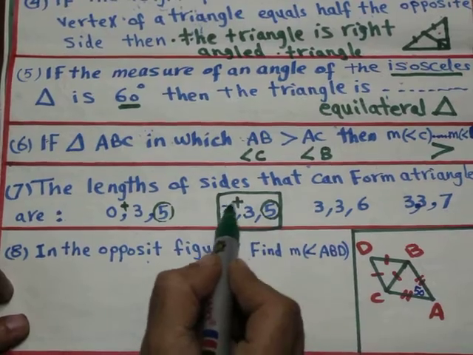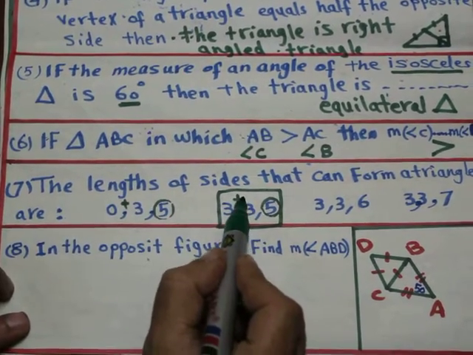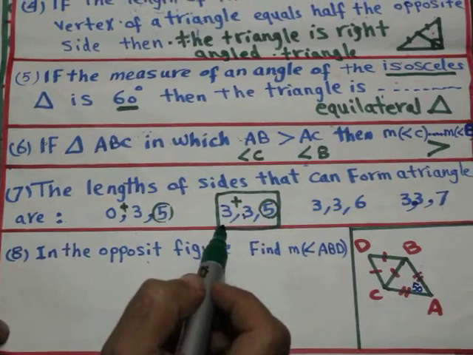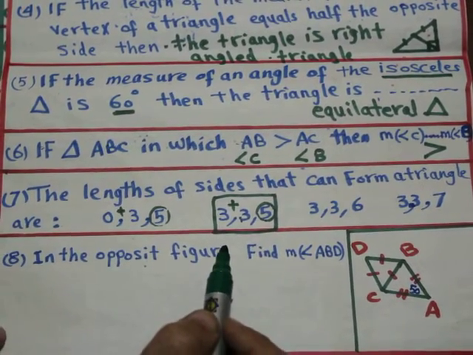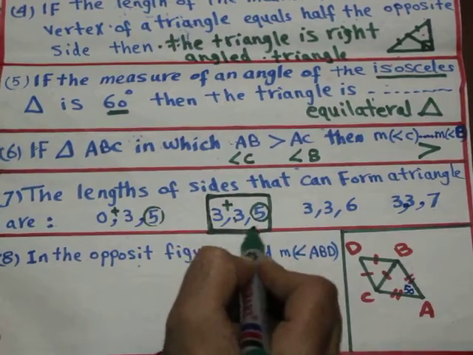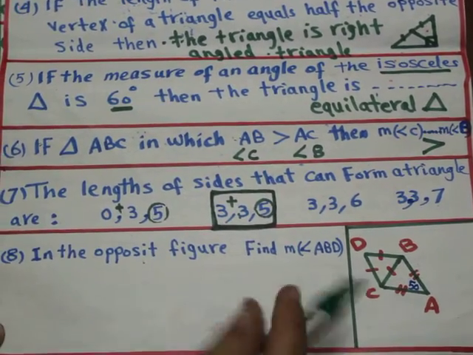Choose 5, 3 plus 3 equals 6, and 6 is greater than 5. The sum of lengths of any two sides in a triangle is greater than the third side. So the correct answer is 3, 3, 6.